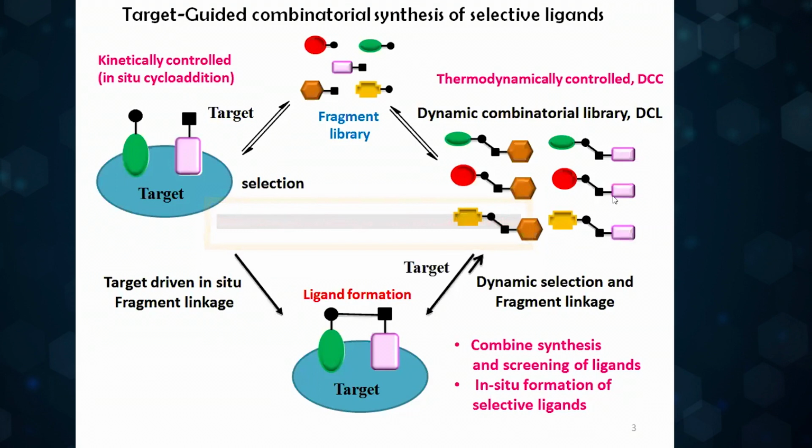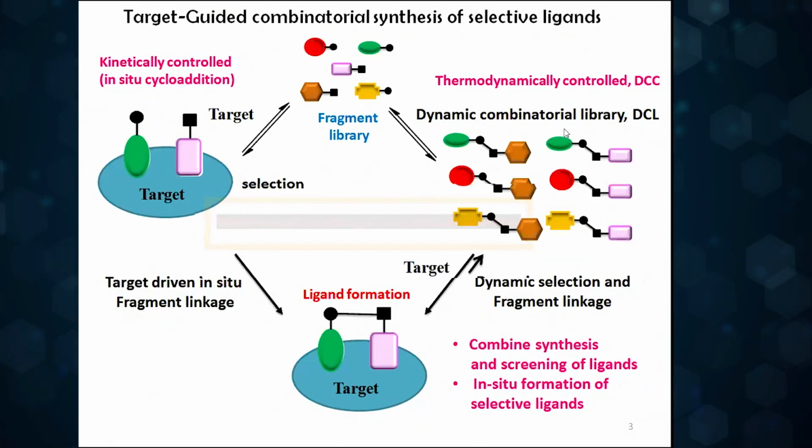And thermodynamically controlled dynamic combinatorial chemistry is another approach. In this approach, simple building blocks are assembled through reversible bond formation to generate a dynamic combinatorial library of interconvertible products.